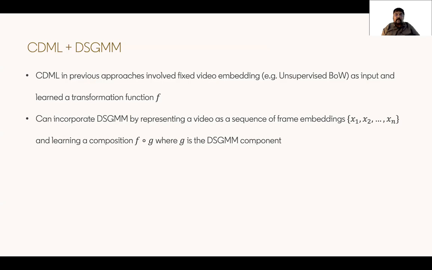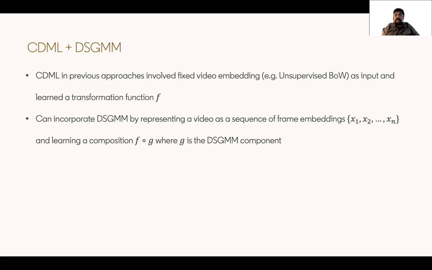We can also combine CDML and DSCMM, which was described in the theory section of the tutorial. Because CDML can take any set of raw features, theoretically, you can push any kind of video embedding through this network. In the previous approaches, we used the unsupervised bag of words as input and learned a transformation F for CDML.